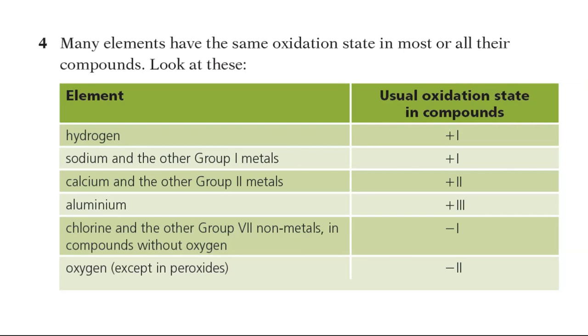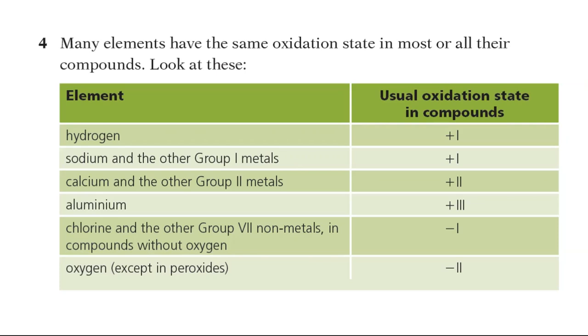Sodium and other first group metals oxidation state in compounds is +1. Other first group elements are potassium, rubidium, cesium and francium. Calcium and other second group metals oxidation state in compounds is +2. Other second group elements are beryllium, magnesium, calcium, strontium, barium and radium.